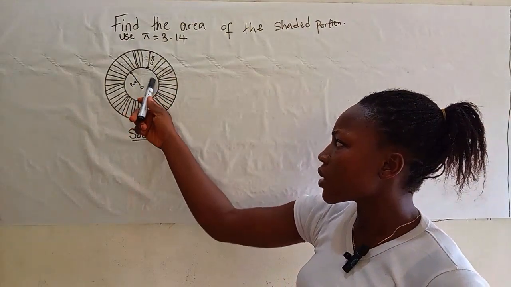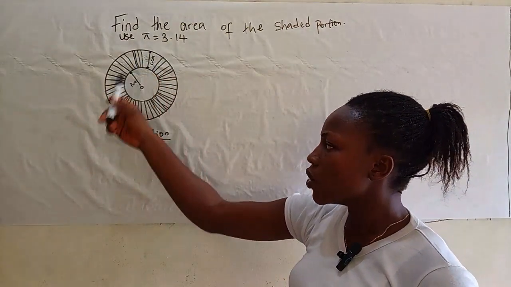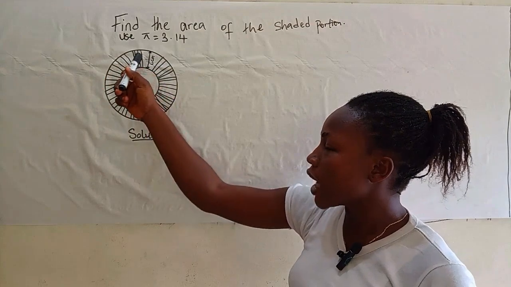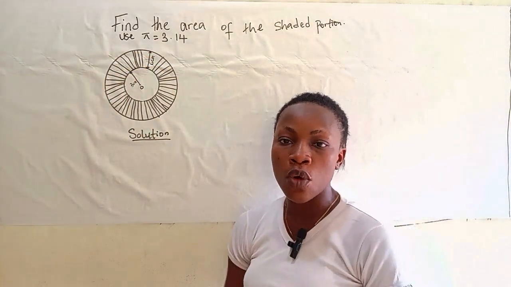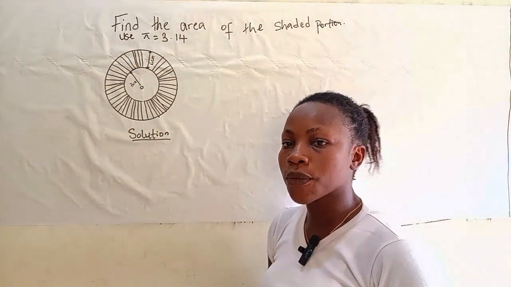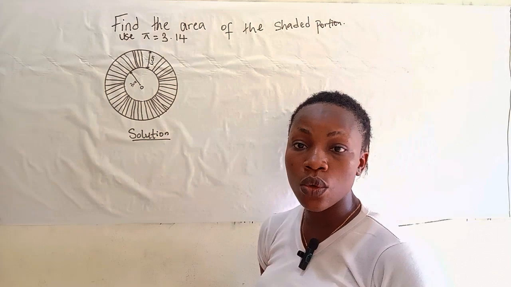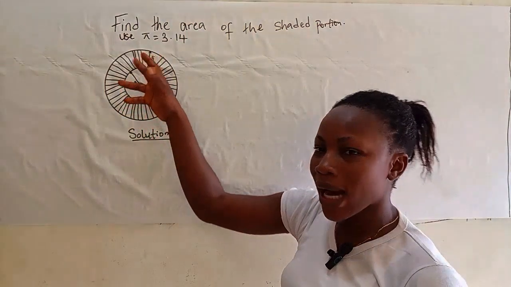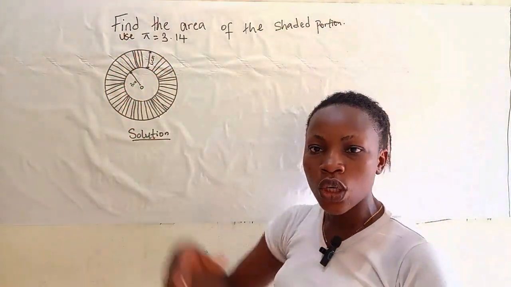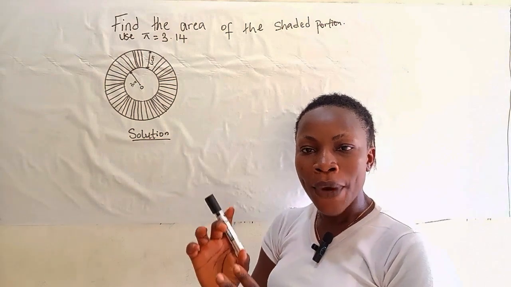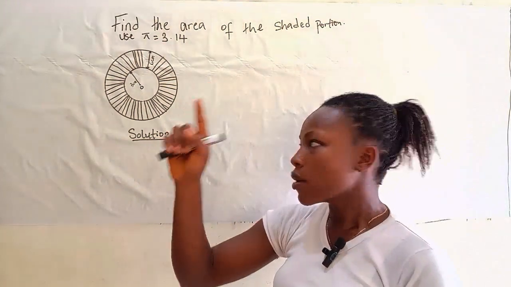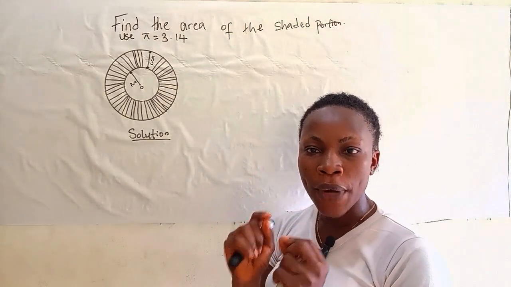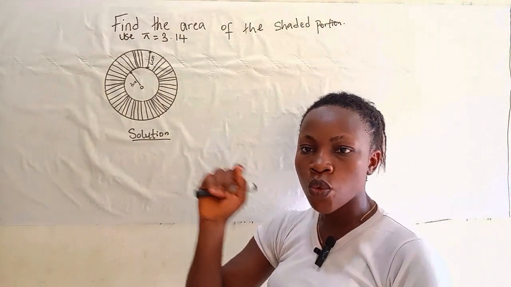This is our smaller circle, this is our bigger circle. Find the area of this smaller one, find the area of this bigger one, then subtract the area of the smaller one from the bigger one. And the area of a circle is what? Pi r squared. So for this bigger circle, the area should be pi big R squared, while the area of this smaller one should be pi small r squared.